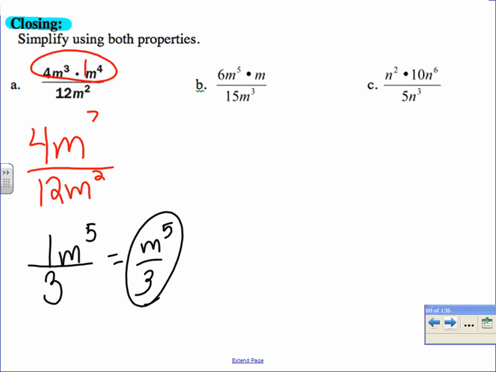So B and C, the numerator first, then the denominator, and then the whole thing. Good job. Awesome. Good job. That one's right. Yes. Okay.